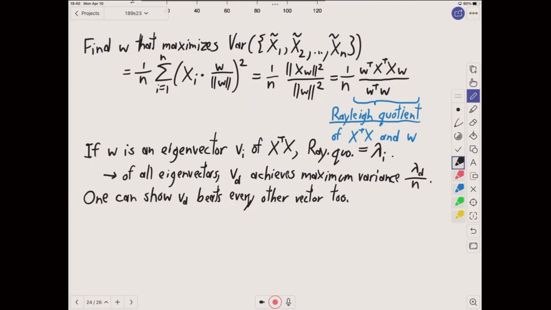Subject to the constraint that the second vector we choose has to be orthogonal to the first vector we chose, we again want to maximize that formula for the variance of the points projected onto the second vector. And it turns out that the optimum value then is going to be the eigenvector v_{d-1}, associated with the second largest eigenvalue.